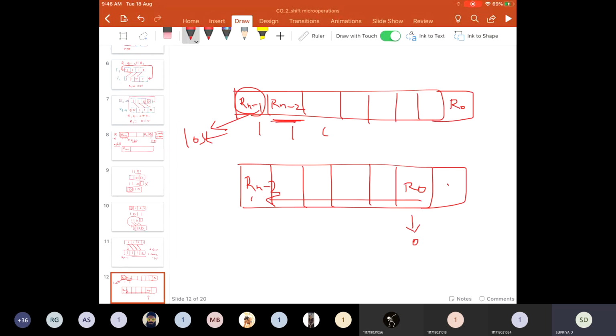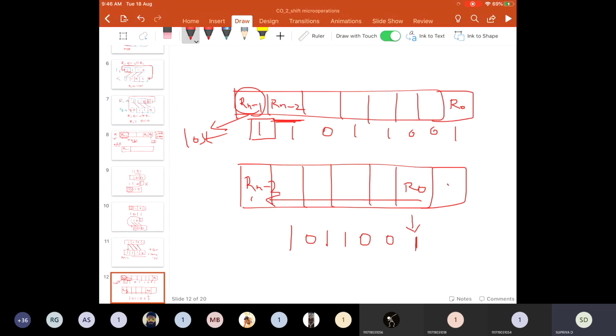For example, we have 1, 1, 0, 1, 1, 0, 1. If we have a number like this, then the result will be 1, 0, 1, 1, 0, 1, 0. Now this will be the number after performing arithmetic shift left. This one will be lost. But here the problem is that arithmetic shift left or arithmetic shift right is performed for signed integers.